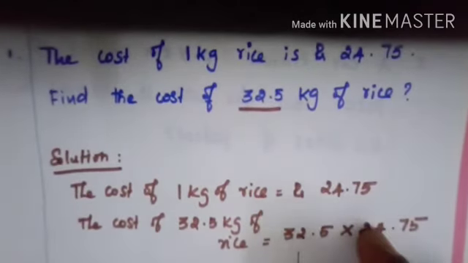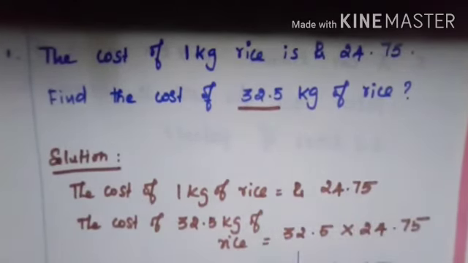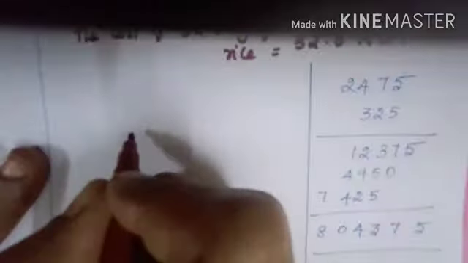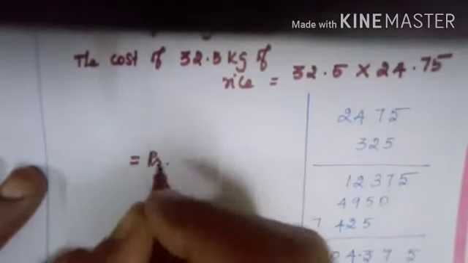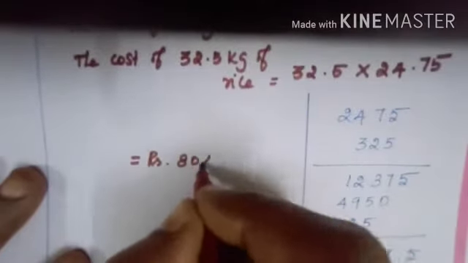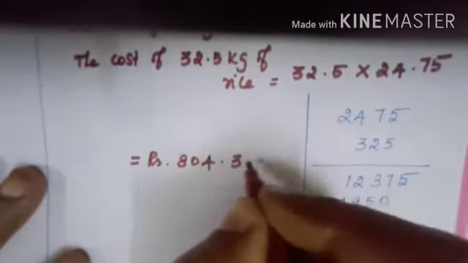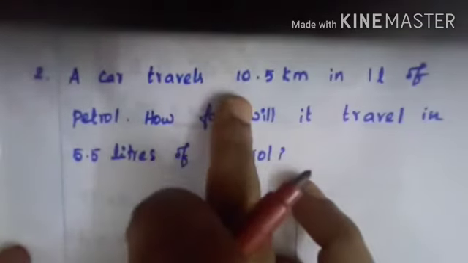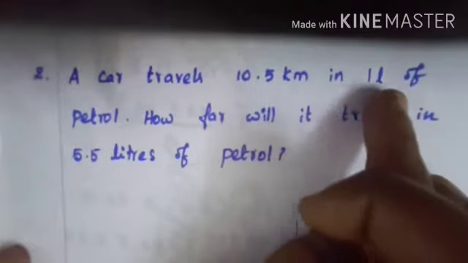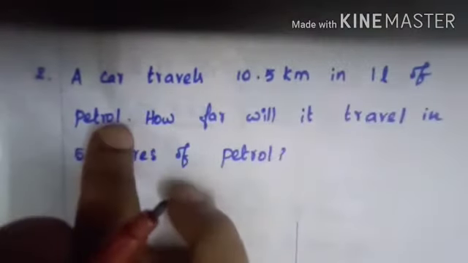Ignore the decimal point and multiply the whole numbers first. Then keep the decimal point from left to right. So your answer is rupees 804.375.